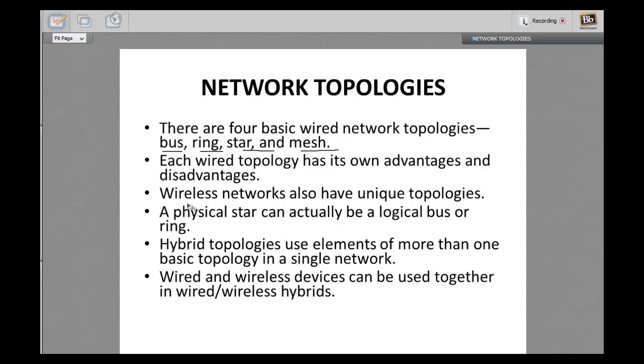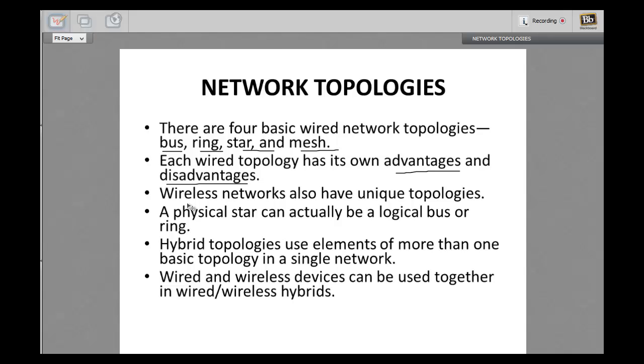Because it's simple. This is not like the star or the mesh, because they have many connections, meaning that they have many wires. So each one has advantages and disadvantages, and you should go through them and know how to compare between them.